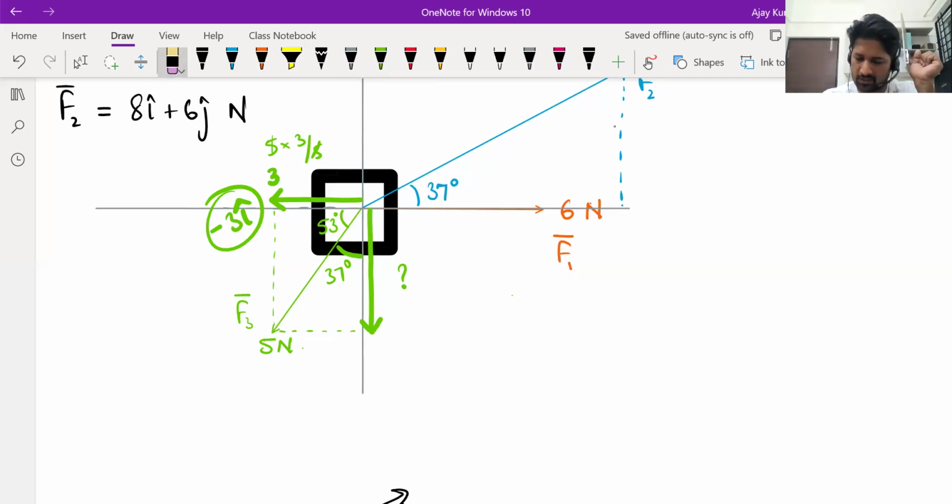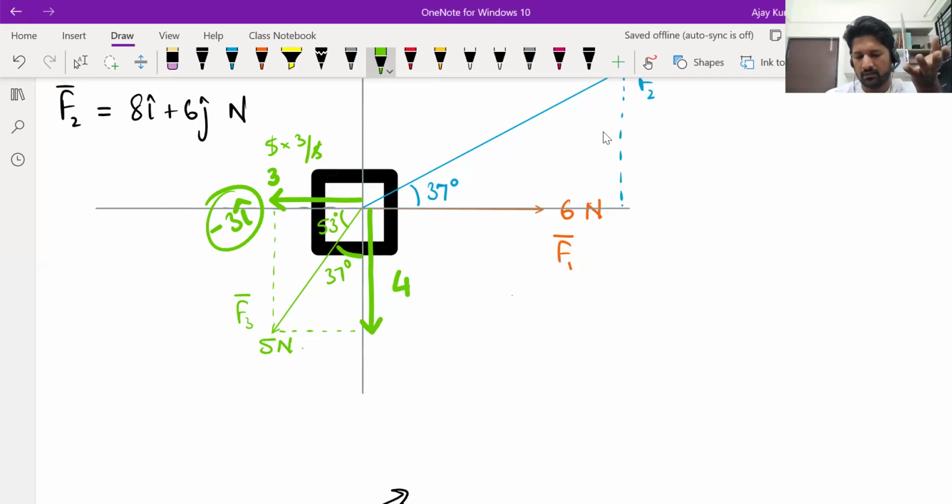So tell me the component's magnitude. So 5 cos 37. Correct. Cos 37 is 4 by 5. 5 into 4 by 5 becomes 4 units.